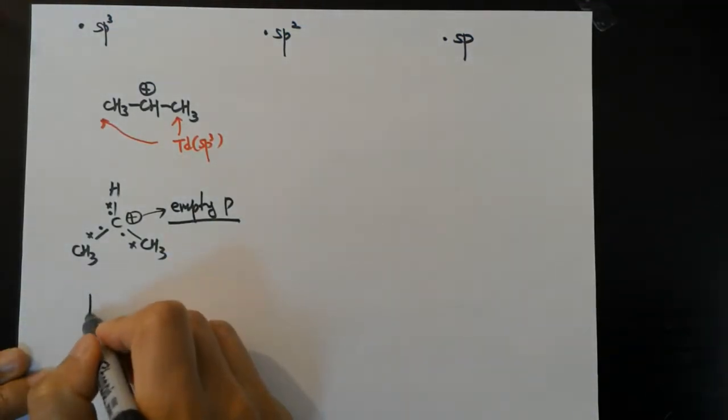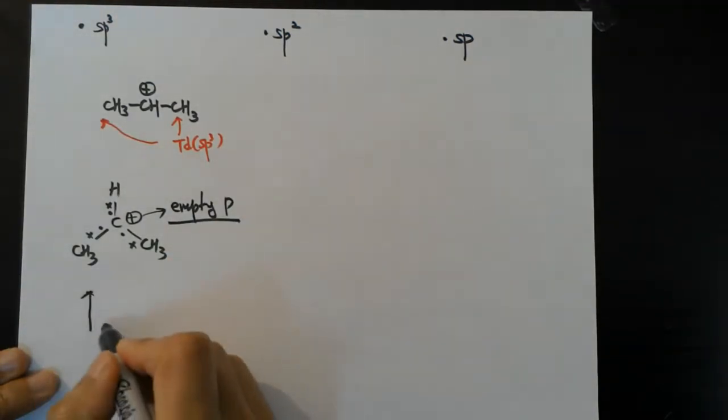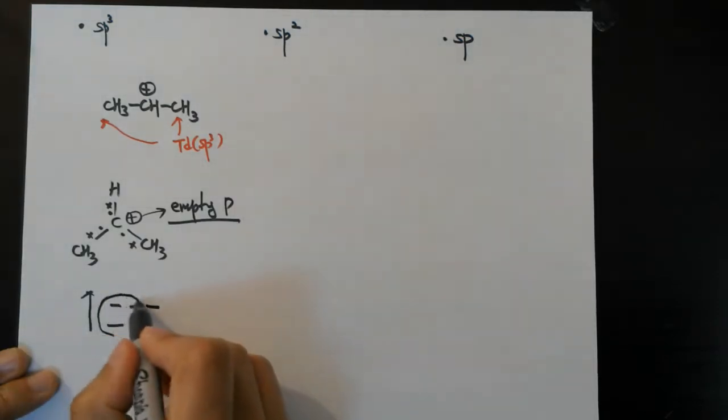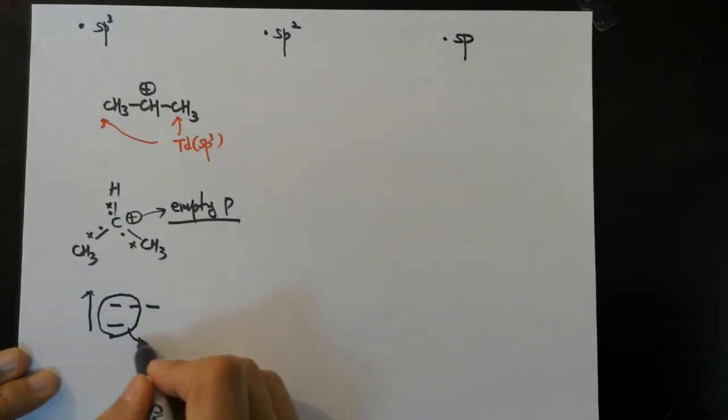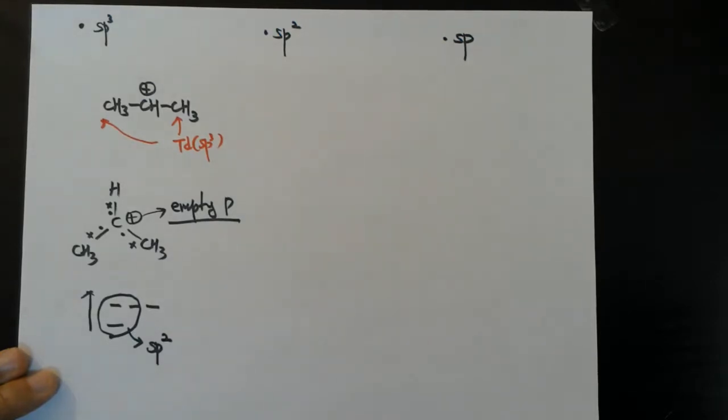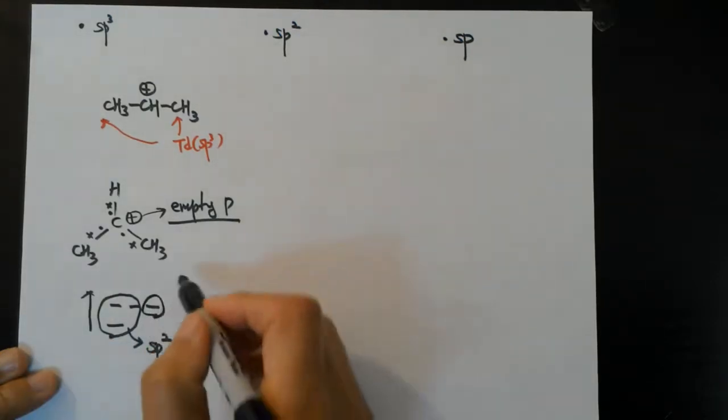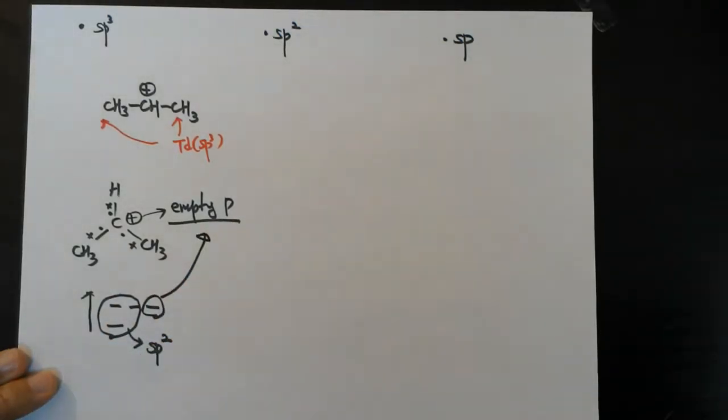So out of 4, you mix these 3 for electrons to be stabilized. You made sp2. And this one is empty. So no pi bond. Just stay as a p.